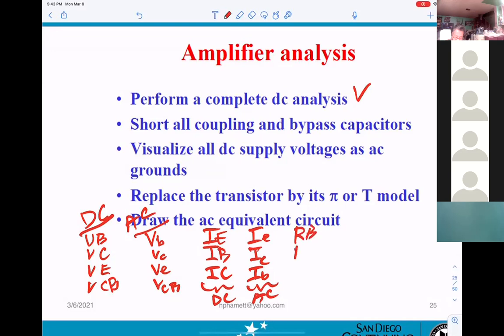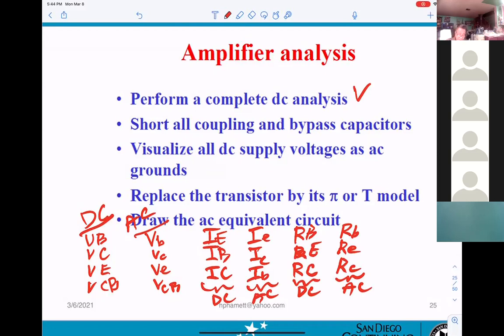RB, RE, RC in capital letters are DC, and RB, RE, RC in lowercase will be for AC. Otherwise, when you're reading, you don't know which resistor.